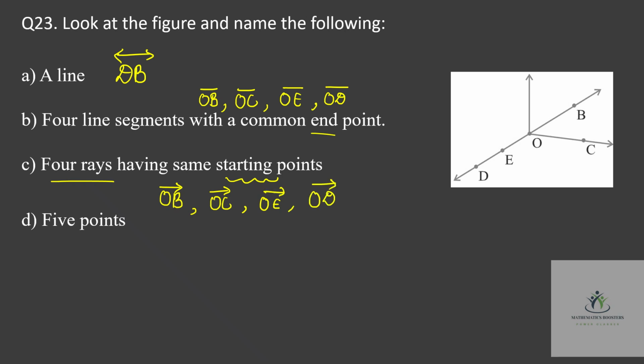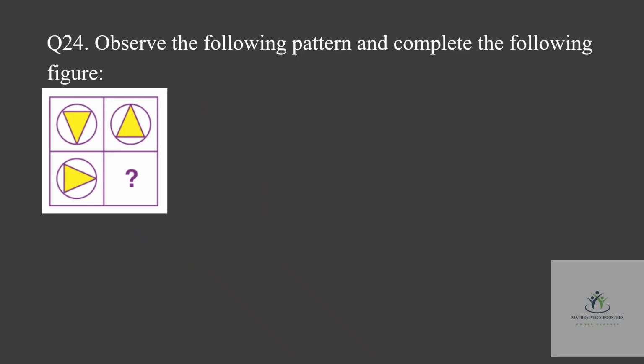If you put the symbol of a ray, it becomes a ray. If you put the symbol of a line segment, it becomes a line segment with 2 endpoints. How many points? 5 points. So point D, point E, point O, point C, and point B. Next, observe the following pattern and complete it.